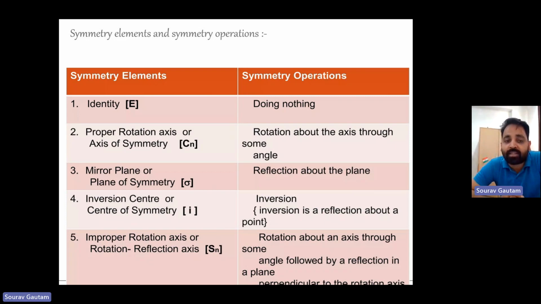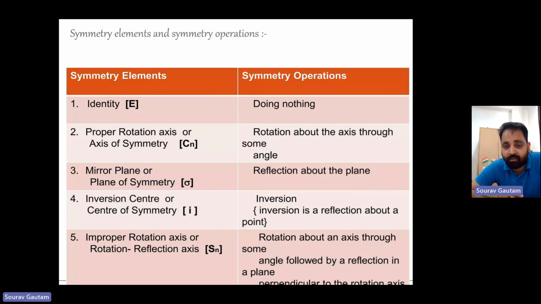And proper axis of rotation is rotation about the axis through some angle. It may be 60, 90, 180, 120. And the plane of symmetry symbol is sigma. That is reflection about the plane. And i is the center of inversion, inversion center or center of symmetry.